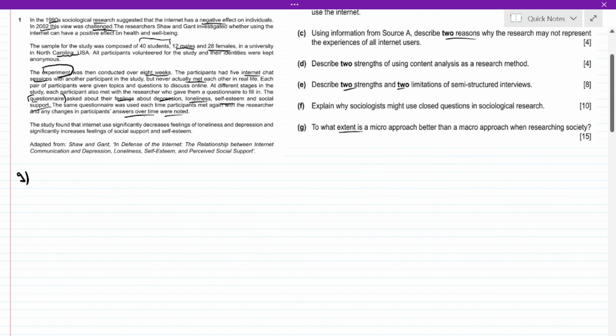So let's start from the question. The question we have: to what extent is micro approach better than the macro approach when researching a society? So let's begin from the micro, in favor of the micro approach.